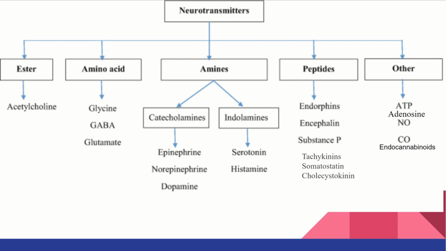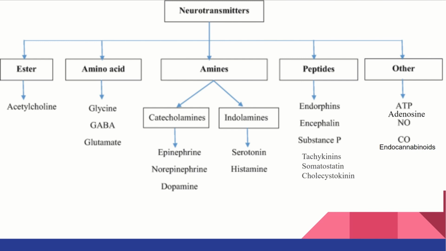Moving on to glutamate. Glutamate is found in the central nervous system. It is generally excitatory, and this is used for learning and memory. And then our special note here is that it is highly active during strokes and stimulates the neurons until they die.